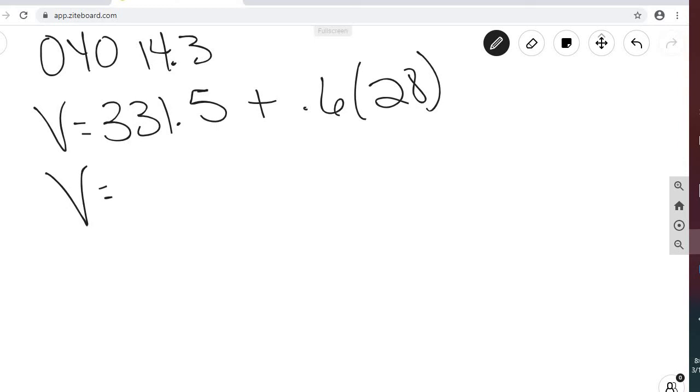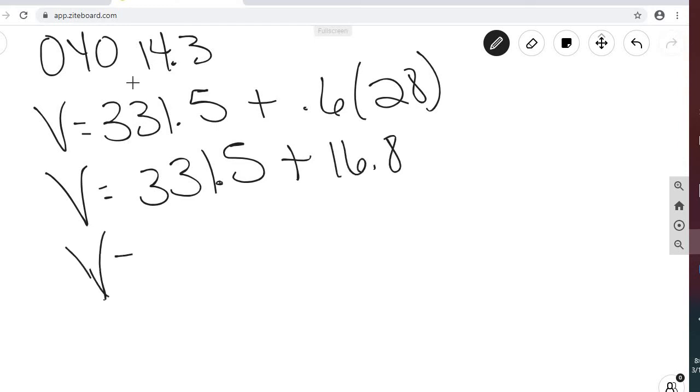So the velocity is going to be 331.5 plus 0.6 times 28. 0.6 times 28 is 16.8.